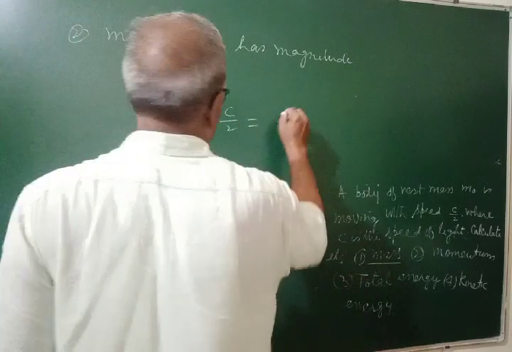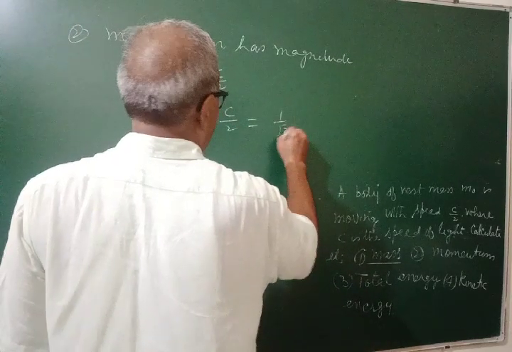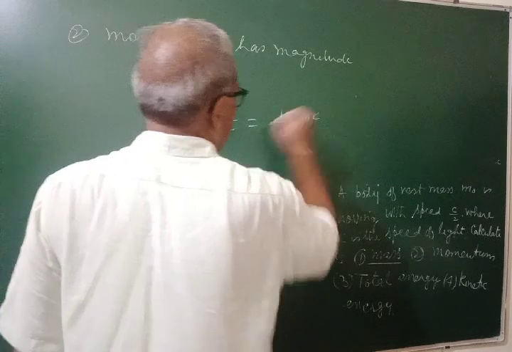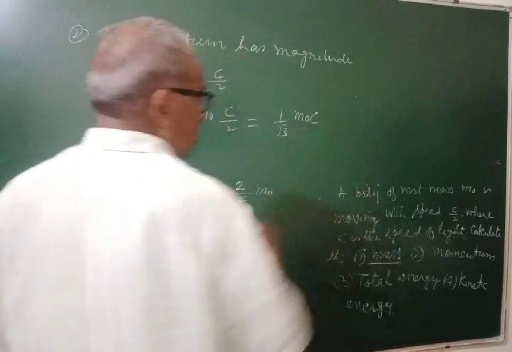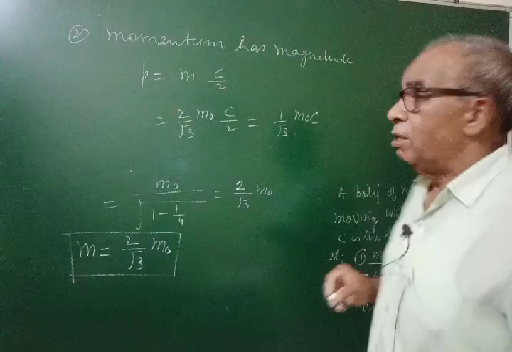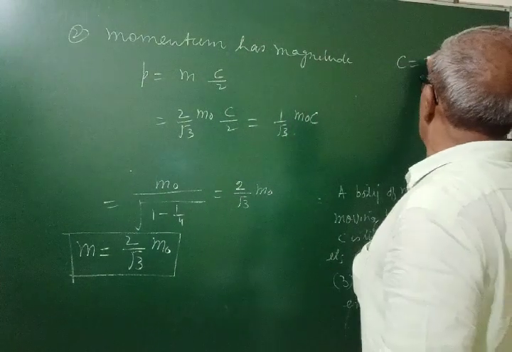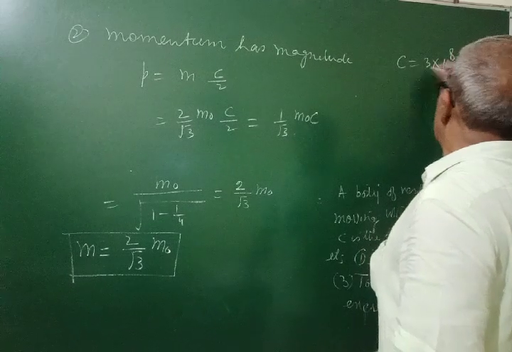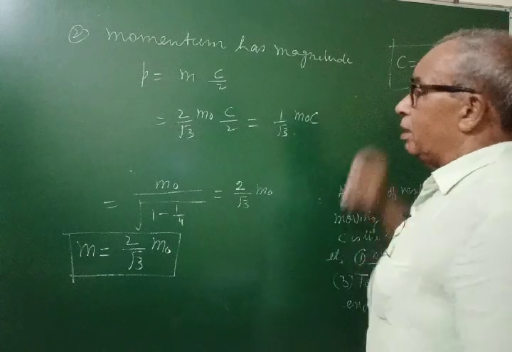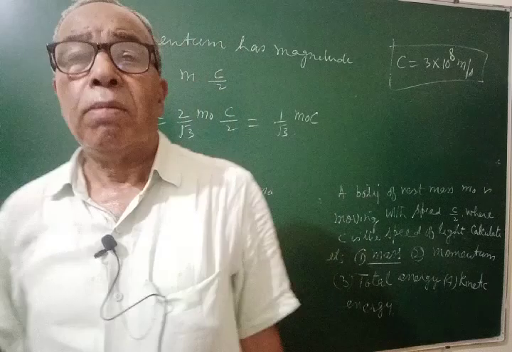So it is 1 by root 3 m0 c. Remember what c is here: the speed of light. You know the speed of light value. c is equal to 3 into 10 power 8 meter per second. This is the speed of light. Practically, it has been determined.